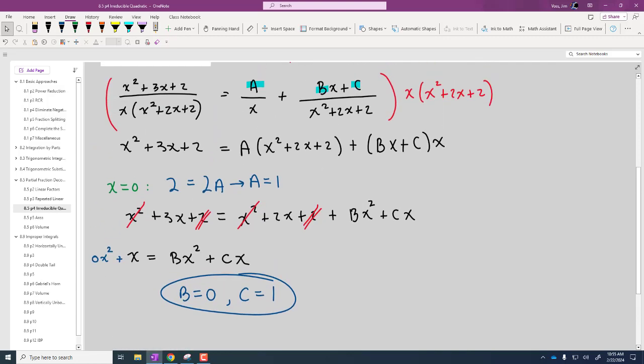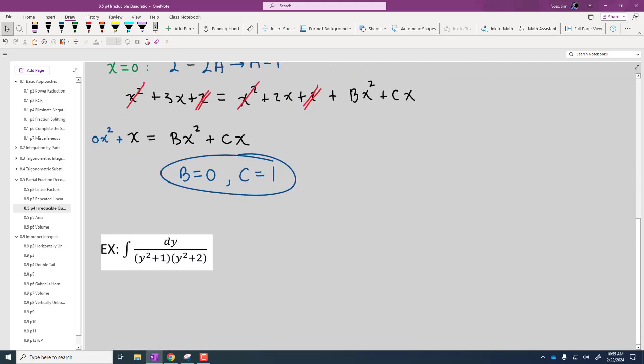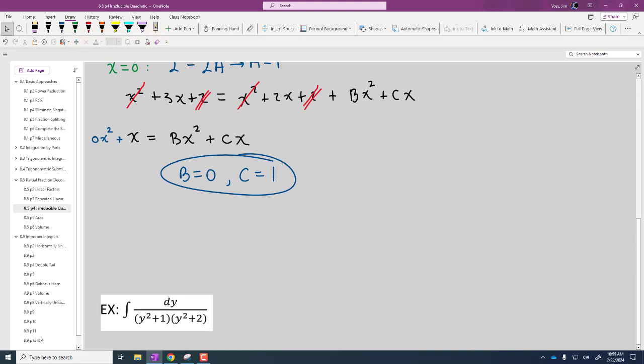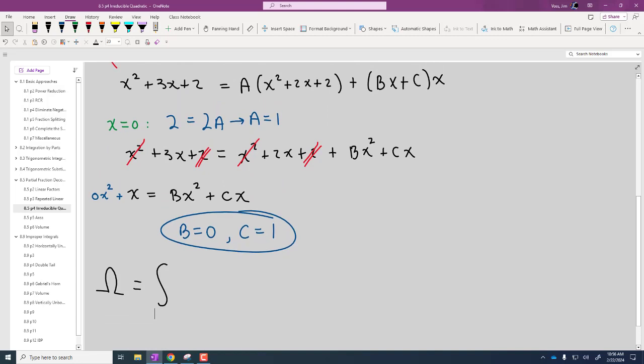All right, so now we are ready to, we need a little more space here. So plug and chug with our integration. So the original integral, call it whatever you want. We're going to have the integral of a, which we said was 1. So a is 1, and that's divided by x.